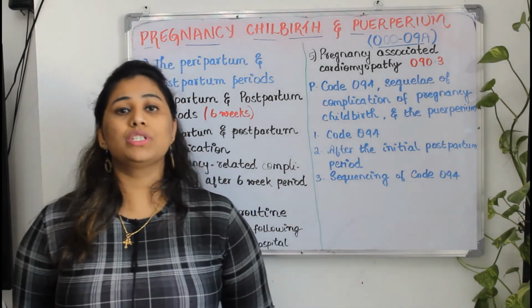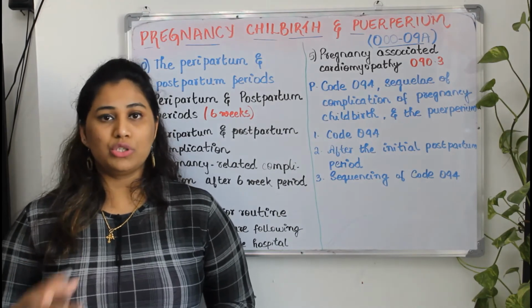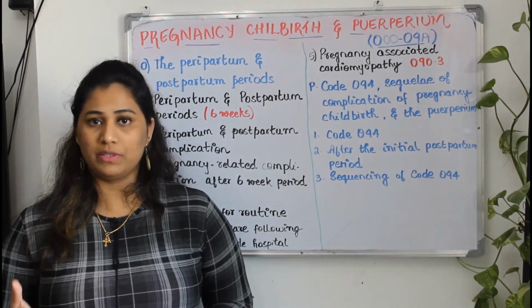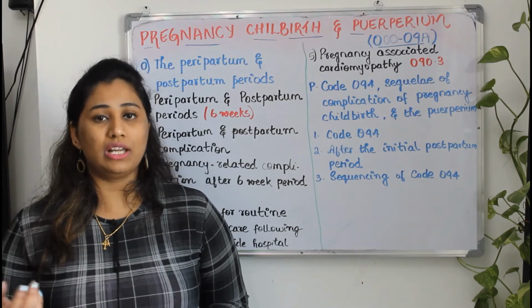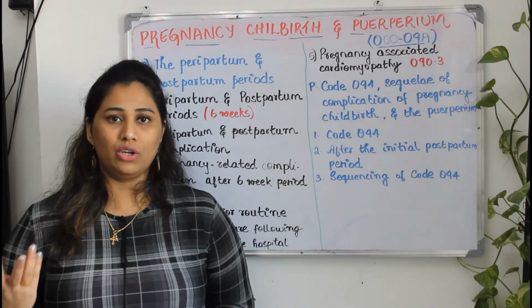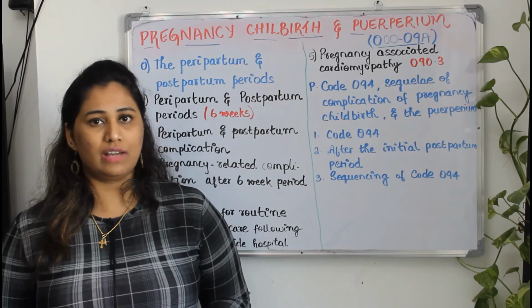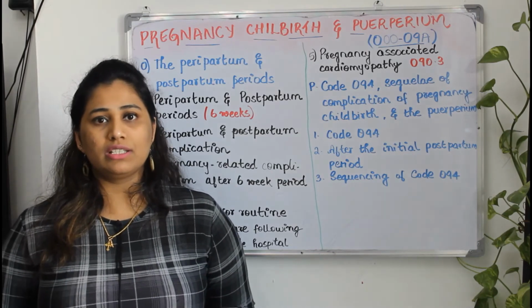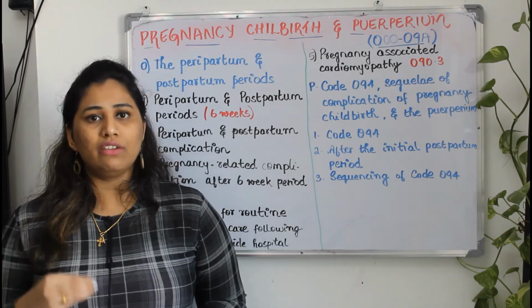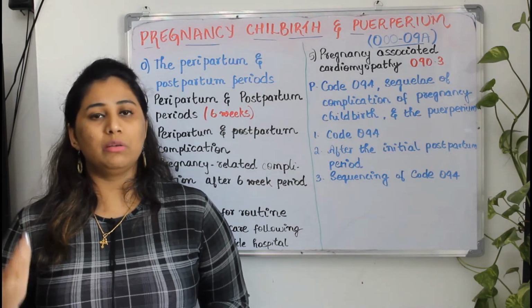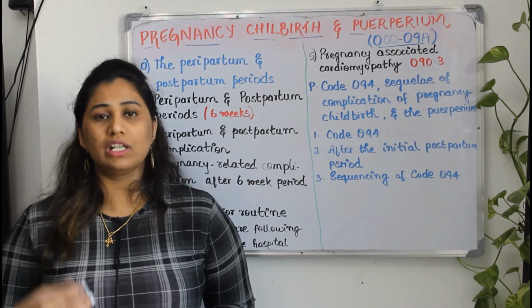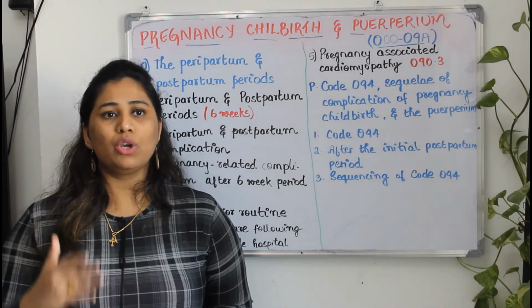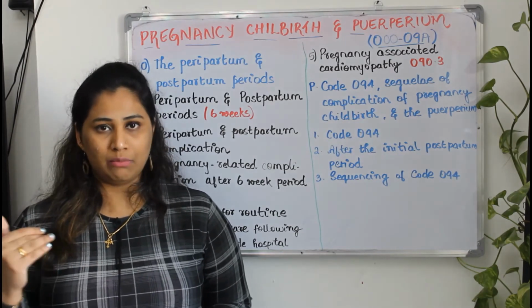Now, what is this outside the hospital delivery? Usually delivery happens inside the hospital only. But sometimes it happens in an institution like a home delivery, in home care, or during travel. If it happens like that, we will immediately reach the mother and baby to the nearby hospital, and at that time they will give all the care to the mother and baby.